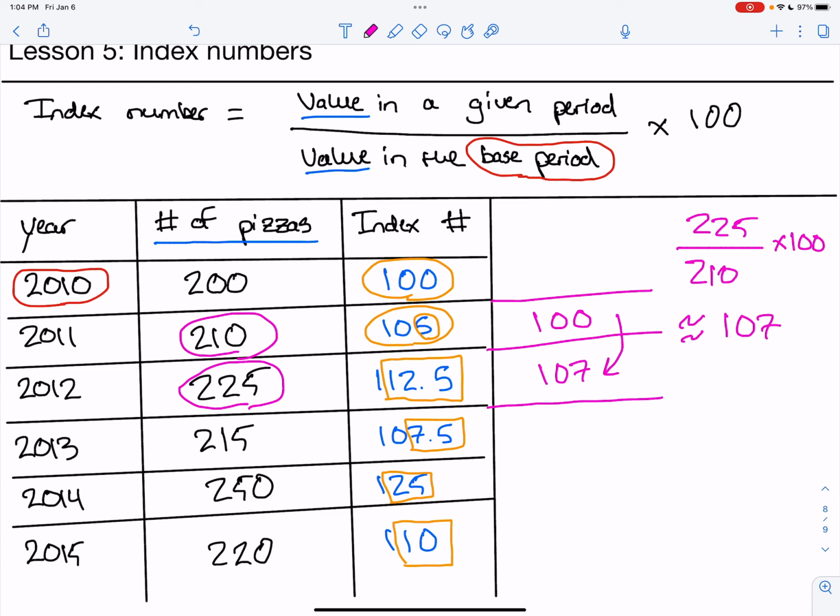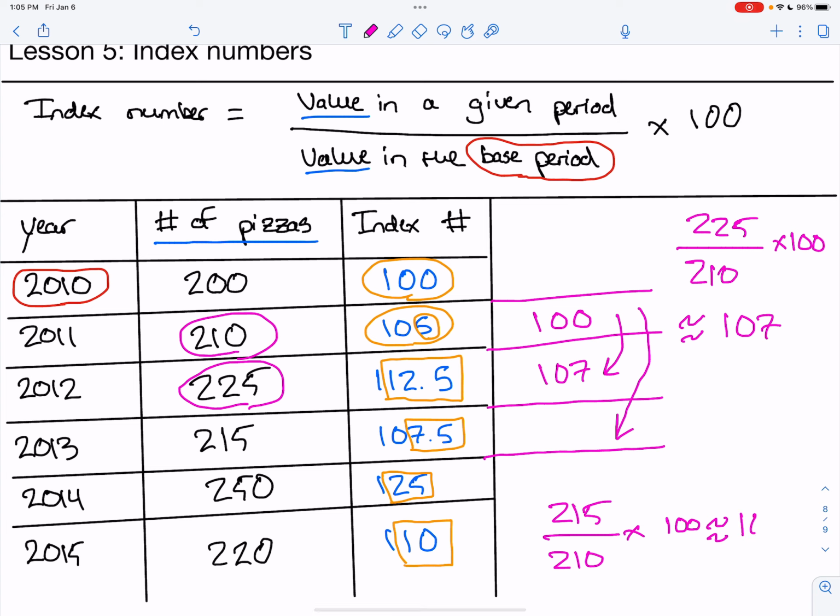Before we had gotten 7.5%. It's actually 7%. And now we can do the same thing for 2013 if we want to get the percentage increase from 2011 to 2013. We can take the quantity of pizzas in 2013, which would be 215, divide that by our base number, which is 210, and multiply that by 100, which would give us approximately 102.